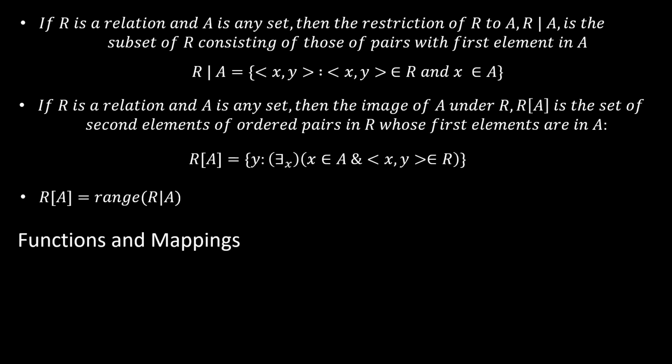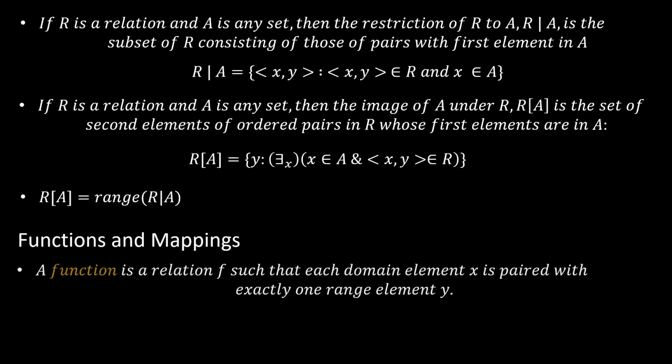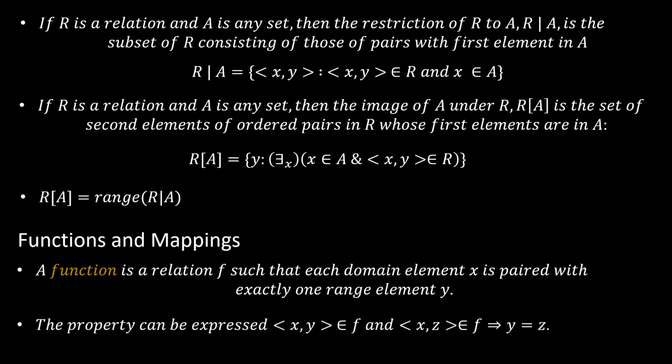Let's talk about functions and mappings. A function is a relation f such that each domain element x is paired with exactly one range element y. The property can be expressed as: if the ordered pair (x, y) is an element of the function f, and (x, z) is also an element of f, then y must be equal to z.